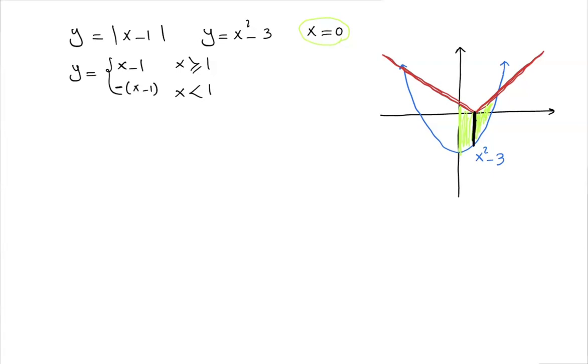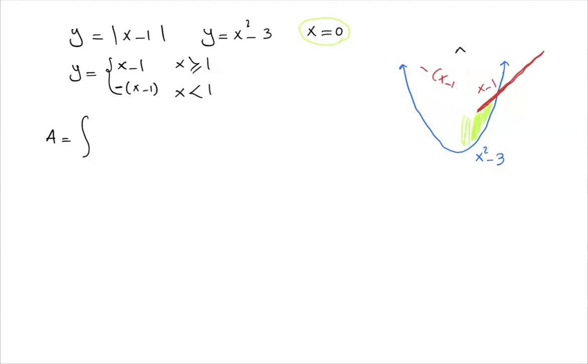So your area can be written as the summation of two integrals. The ceiling on the left-hand side is negative x minus 1, and the ceiling on the right-hand side is just x minus 1.